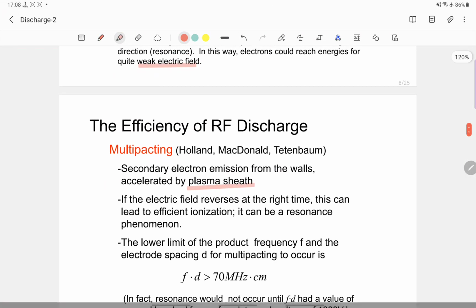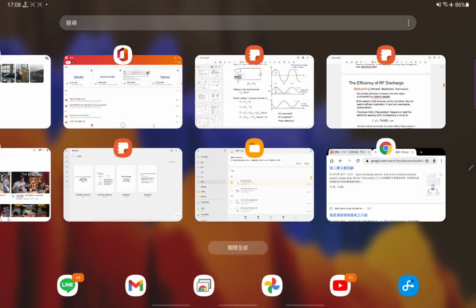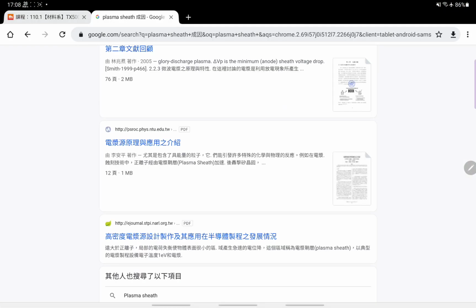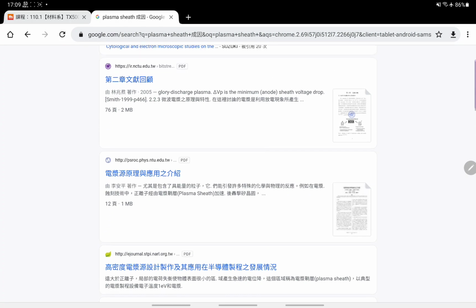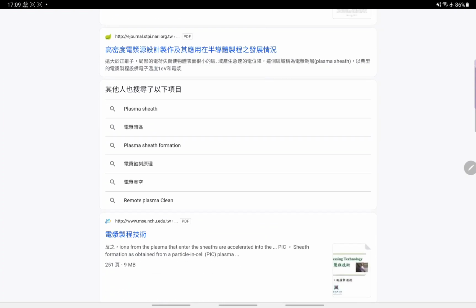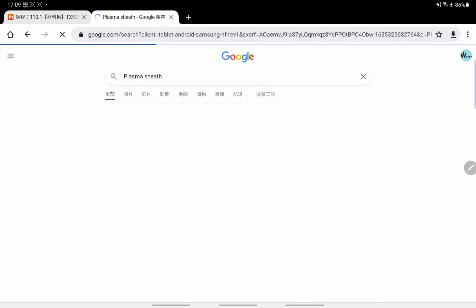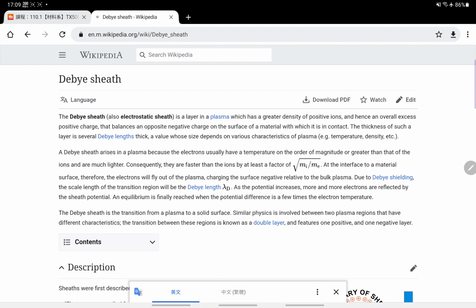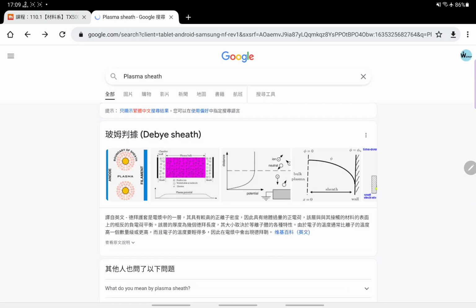Okay. And for such a multipacting effect, the condition is f times d greater than 70 megahertz per centimeter. f is the frequency of the RF power supply, and d is the spacing of the electrodes.